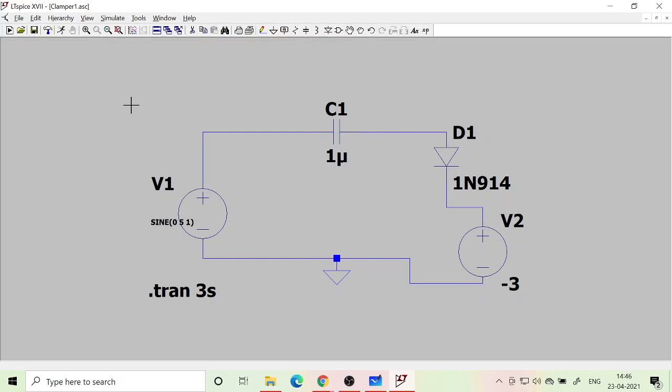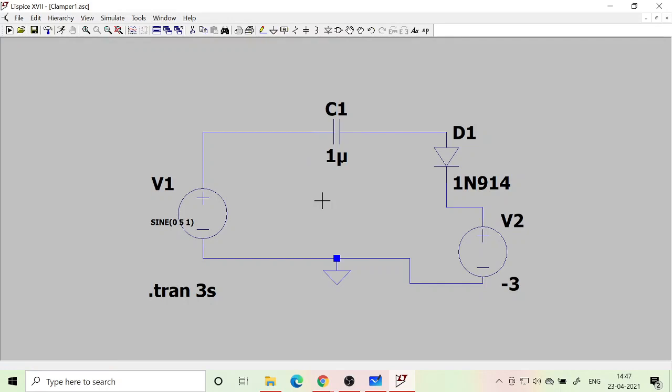And how much it will be shifted roughly? The exact value will depend upon the cut-in voltage. If you take it as an ideal diode, can you tell me how much it will be shifted? It will be shifted by the amount of voltage on the capacitor. So you need to tell me how much is the voltage on the capacitor. Earlier it was around 1.5.